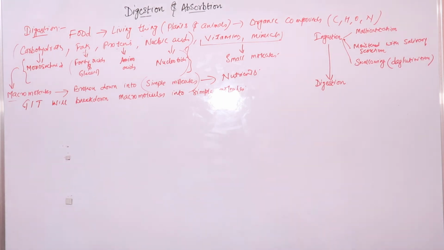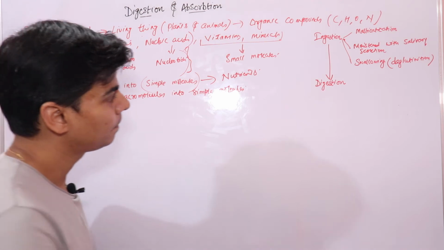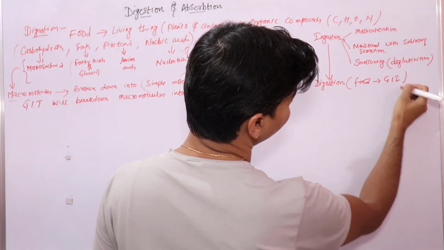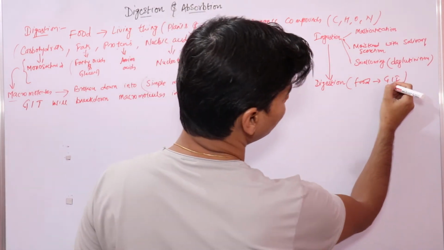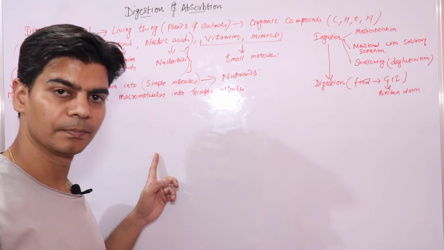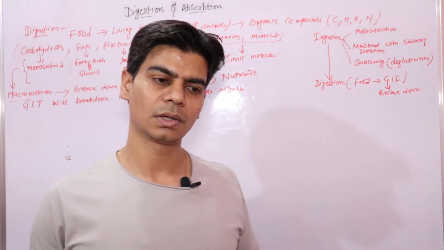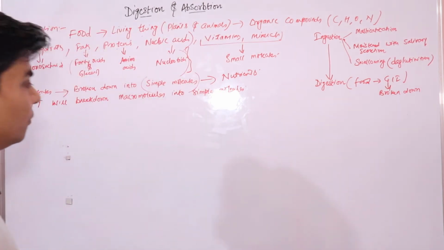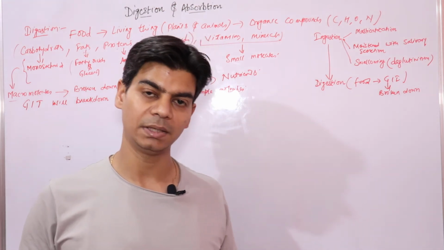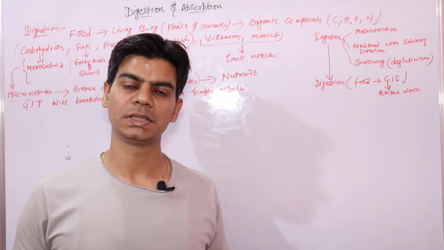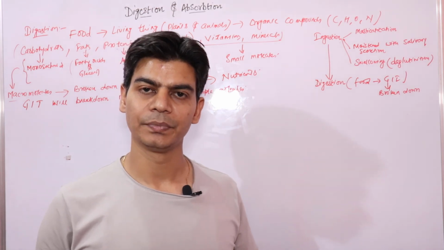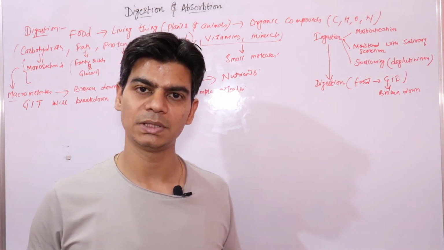Once the food goes into the GI tract, it would be broken down into simpler molecules, and it will also undergo chemical reaction with various enzymes that are secreted by body organs like the pancreas and liver. The pancreas will secrete pancreatic juice, and the liver will secrete bile that will help digestion of fats. Similarly, we have intestinal juice that would be secreted.